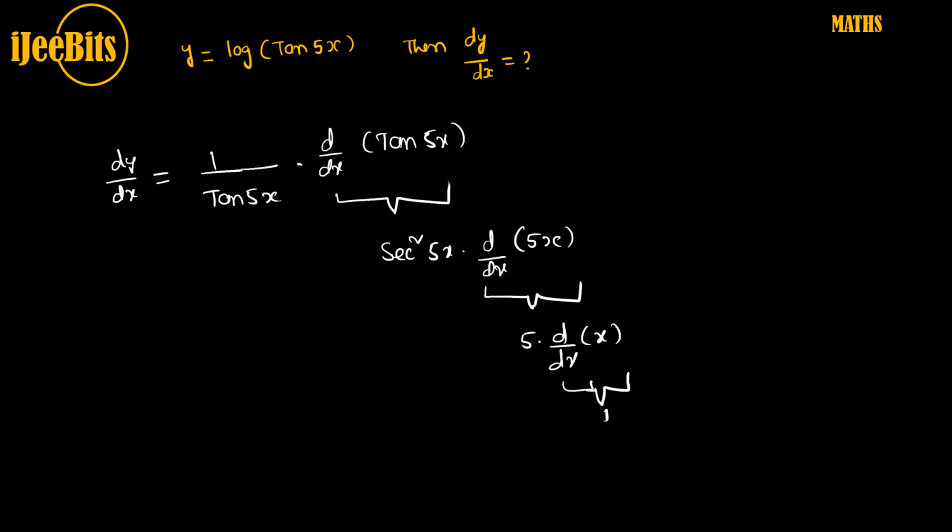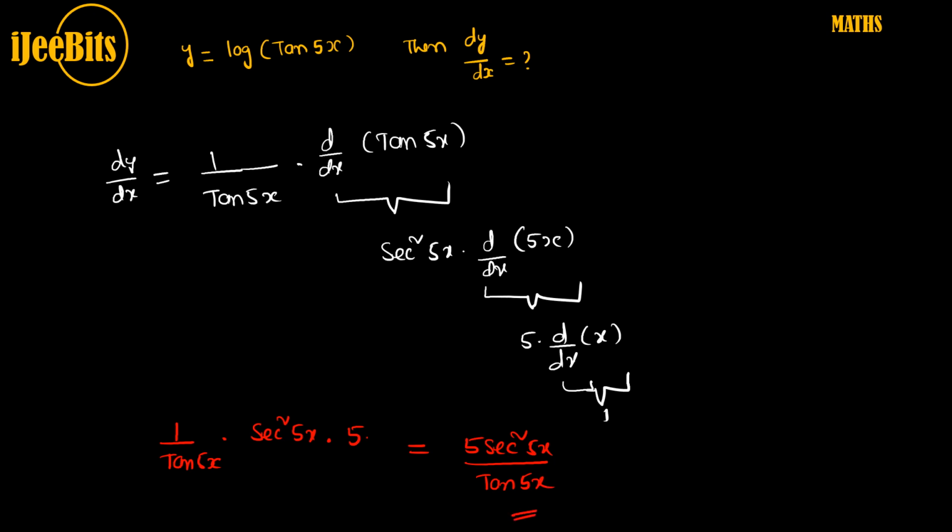So let me change my pen. 1 by tan 5x, right? And then sec squared 5x, then 5 and 1. So what I got is 5 sec squared 5x divided by tan 5x. This would be the answer.